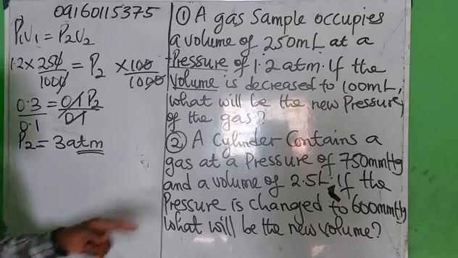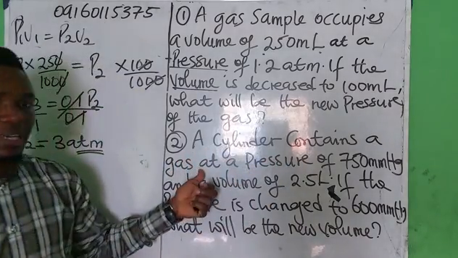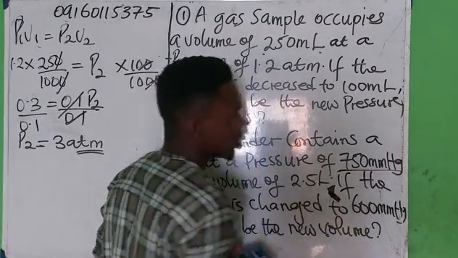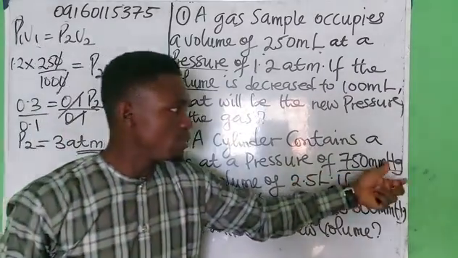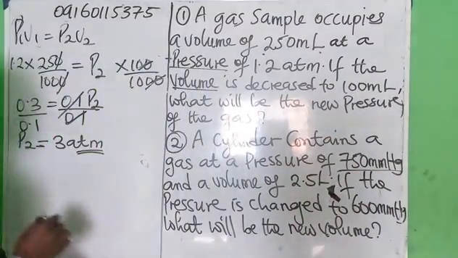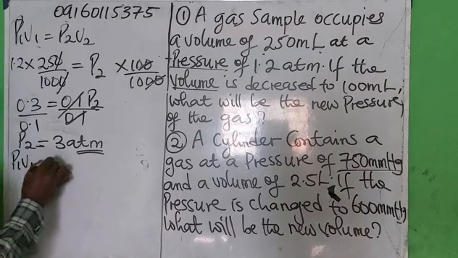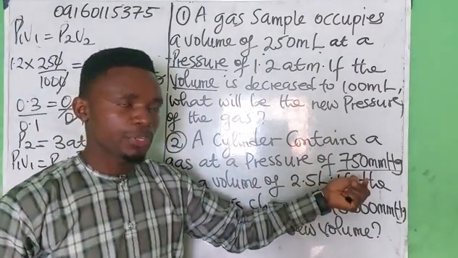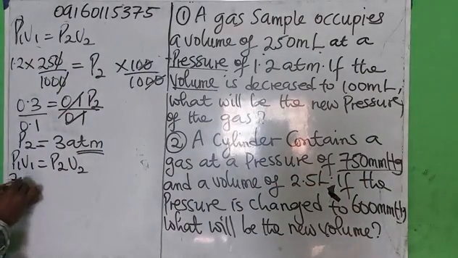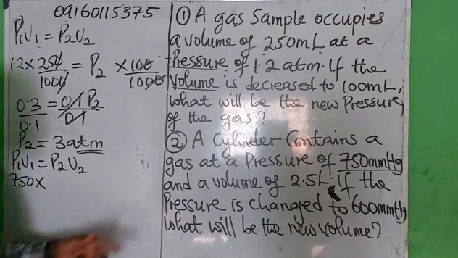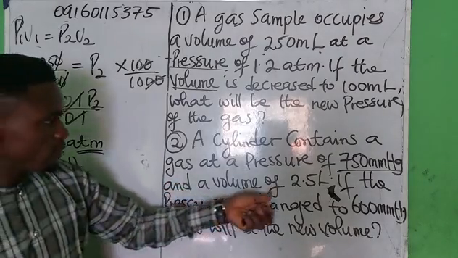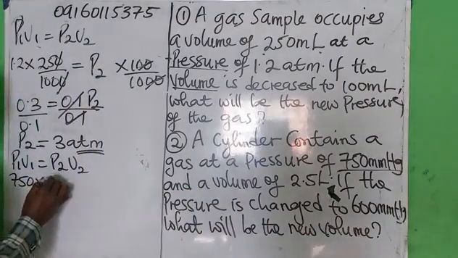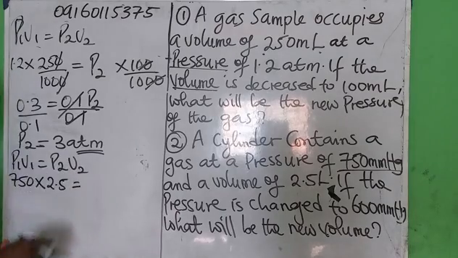Now, question 2 says a cylinder contains a gas at a pressure of 750 mmHg, which is millimeter mercury. So what does that tell you? P1 V1 equals P2 V2. P1 is 750, times the volume of 2.5 liter, which is V1.